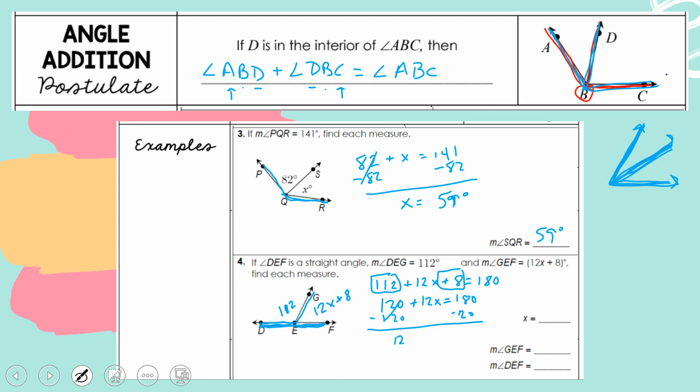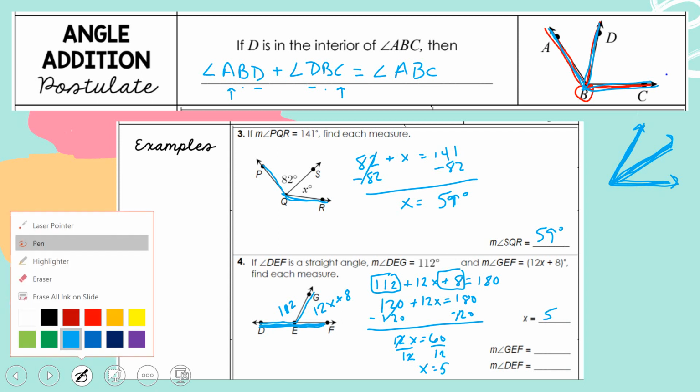So that gives me 12x equals 60. This is minus 120. It's hard to see. And then I'm going to divide both sides by 12. So in this case, x equals, I think it's 5. Yeah, 5. All right.